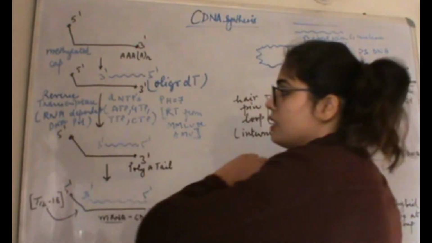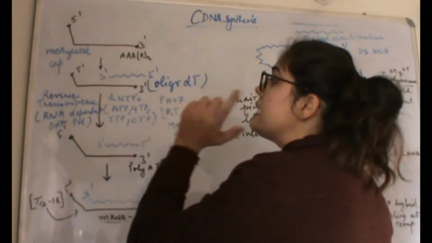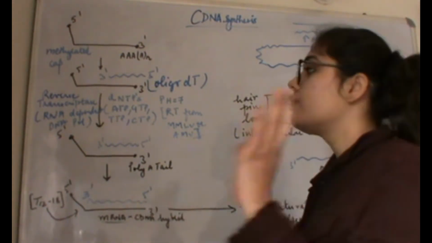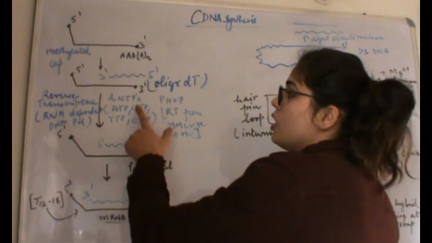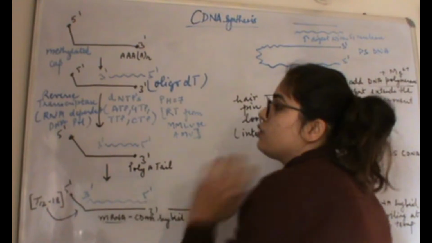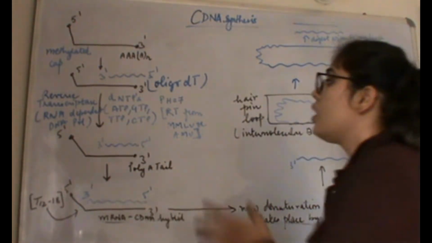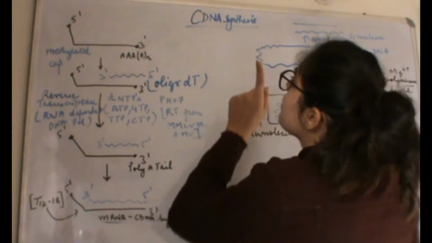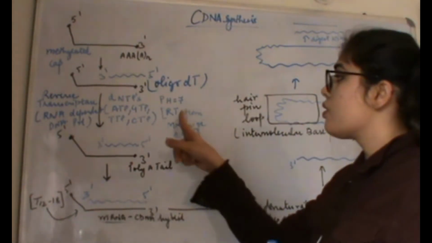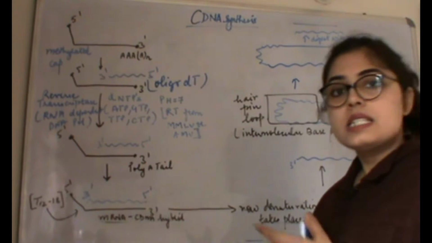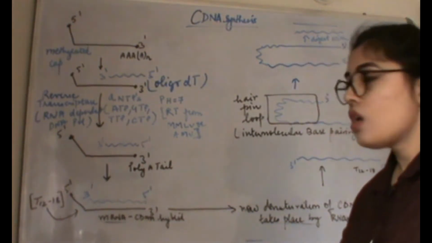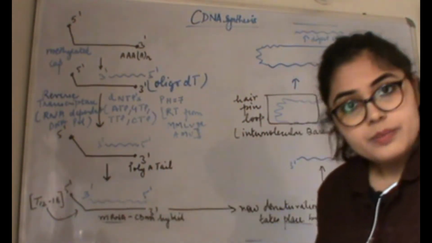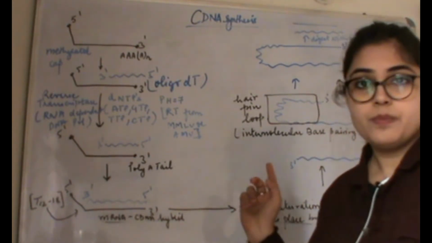So reverse transcriptase along with the dNTPs, that is the four bases, adenine, guanine, thymine and cytosine, all these together along with pH 7 help in the process of synthesis of cDNA, right? This reverse transcriptase is taken from a retrovirus, which can be MMLV or AMV.